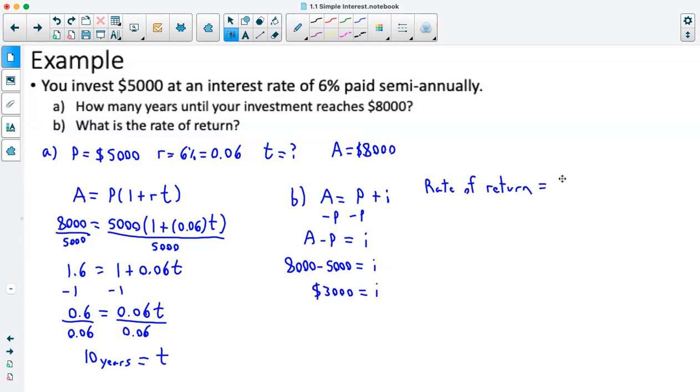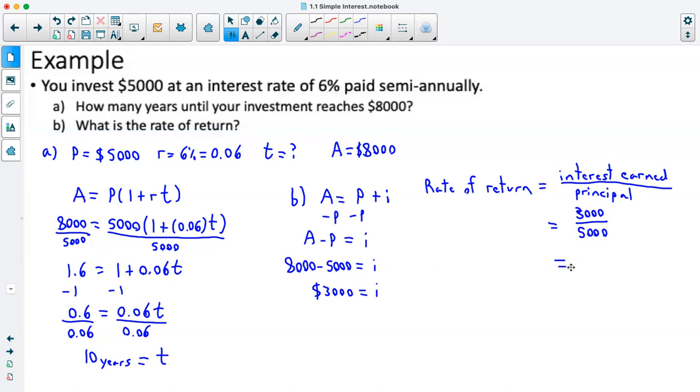Now our rate of return is essentially our interest earned divided by our principal. So in this case, it would be $3,000 divided by $5,000.